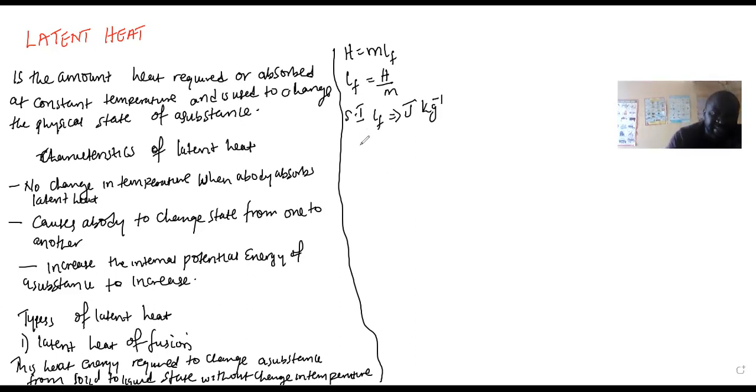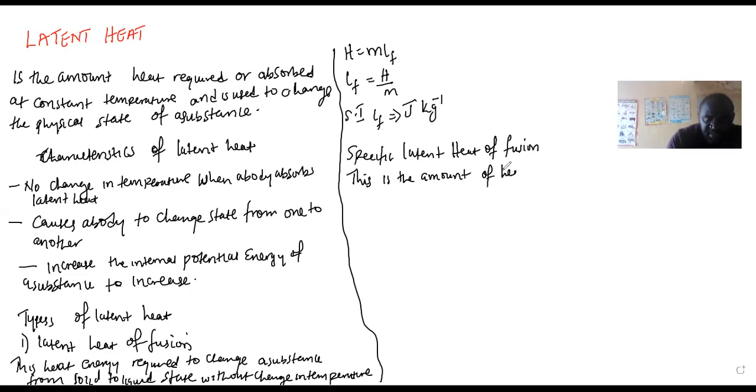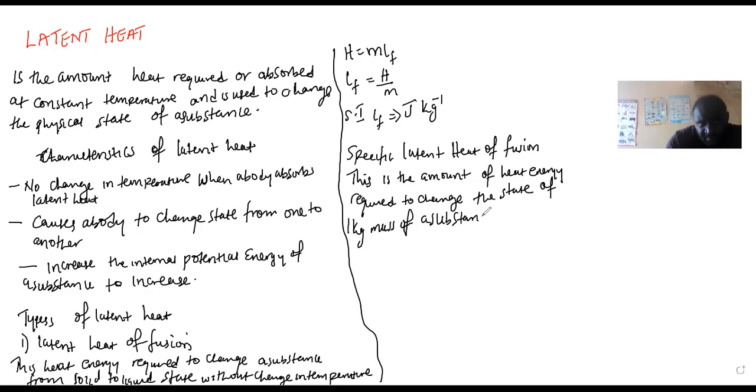So when we talk about specific latent heat of fusion, you can say this is the amount of heat energy required to change the state of a unit mass of a kilogram or of 1 kilogram mass of a substance from solid to liquid at a constant temperature.